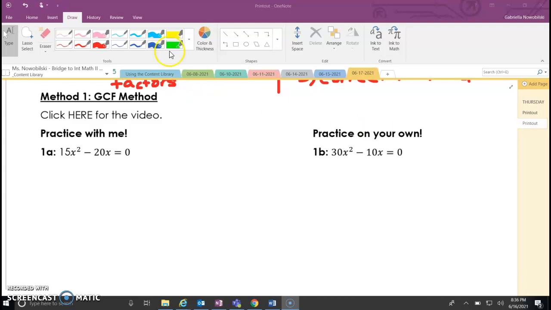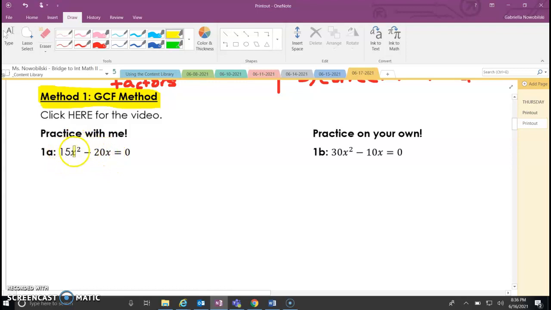Okay, so method number 1 is called the GCF method. You're pulling out the greatest common factor. You will be able to recognize these methods as you go along, based on the type of problem I give you. First of all, there's one characteristic here that I want you to recognize. There are only 2 terms. I have a 15x squared and I have a 20x.